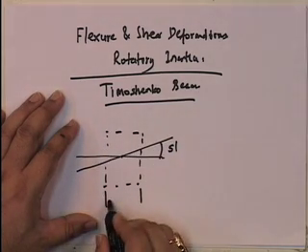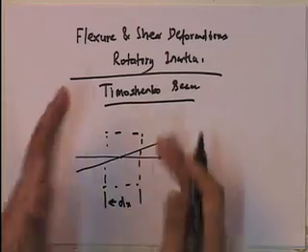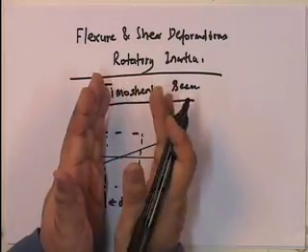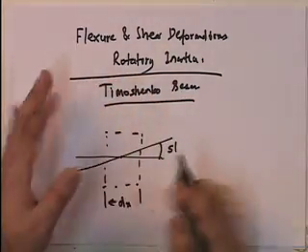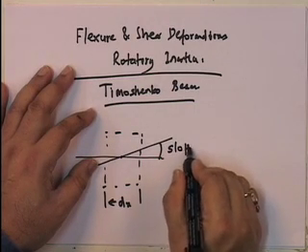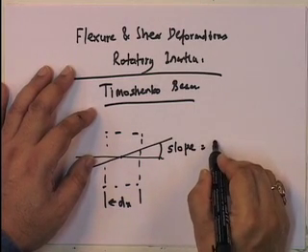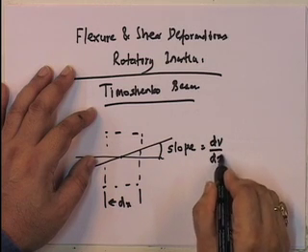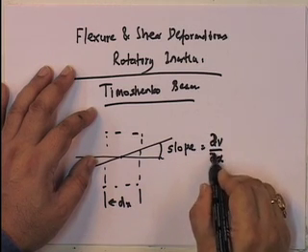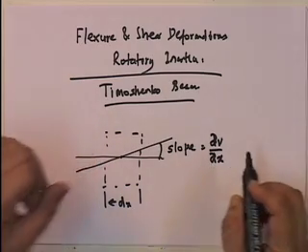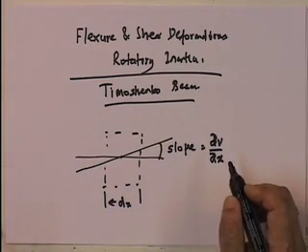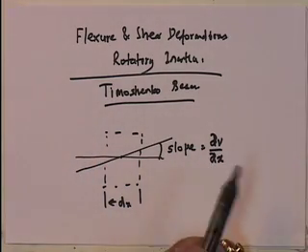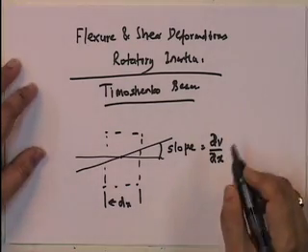This length is dx, the rotation of this end relative to this end, the slope, is equal to dv by dx, or I will call it del v by del x, because after all v is a function of x and t, and so it is del v upon del x.